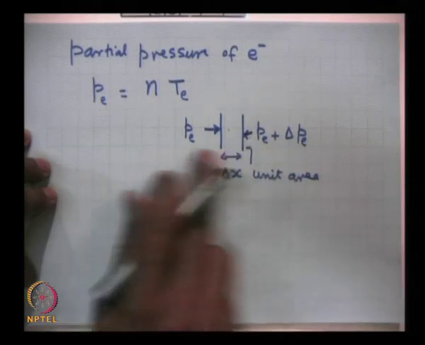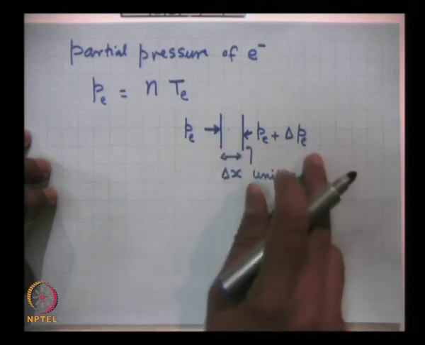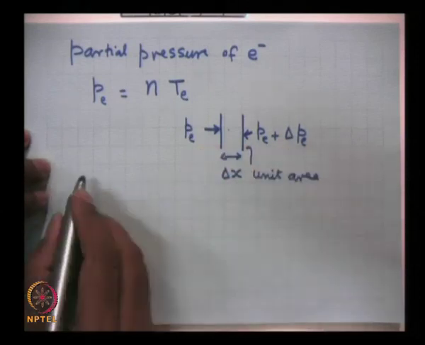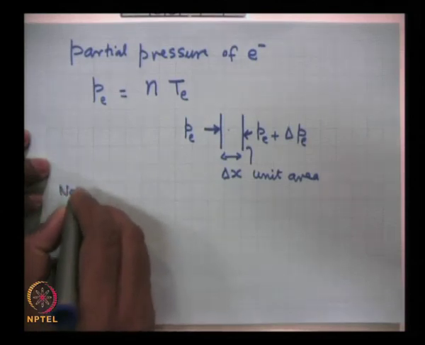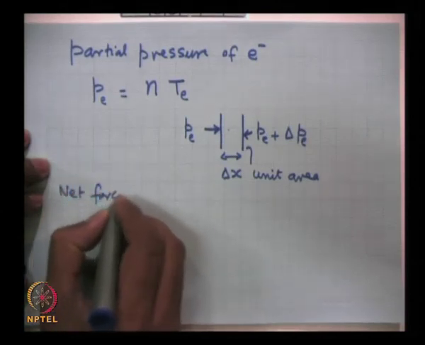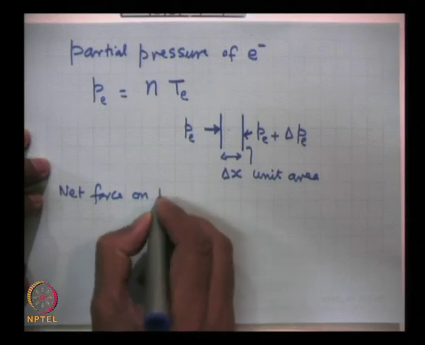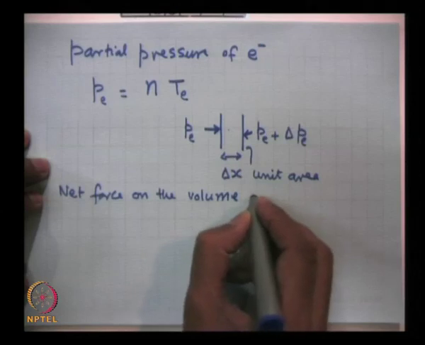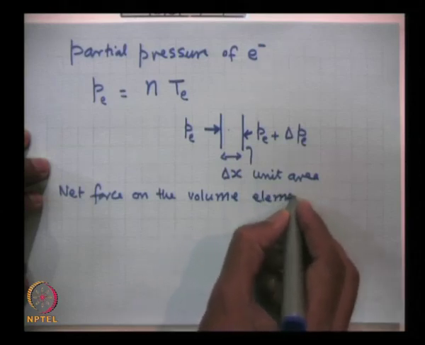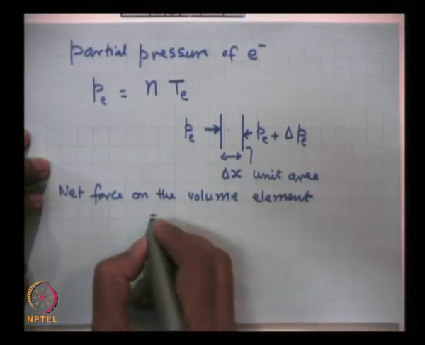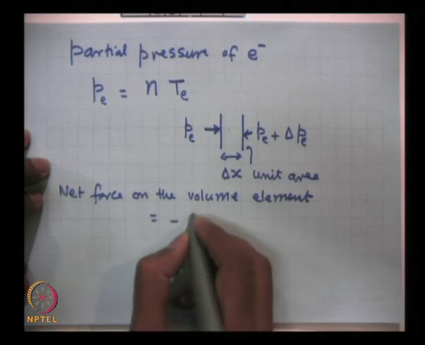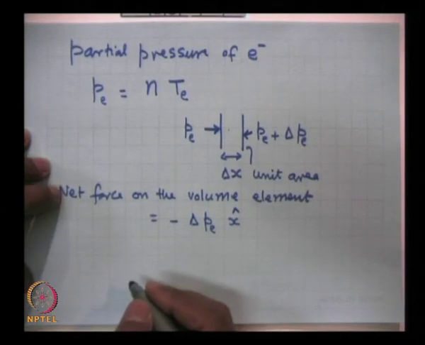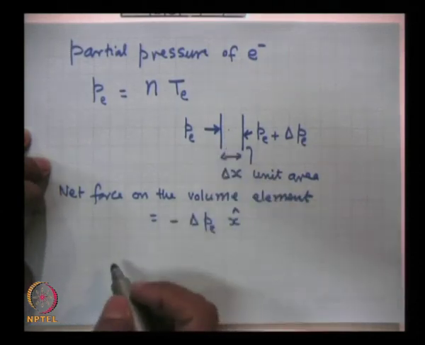So the rightward force is Pe, leftward force is Pe plus delta Pe, and hence the net force on the volume element is equal to minus delta Pe in the x direction. But how many particles are feeling this force?